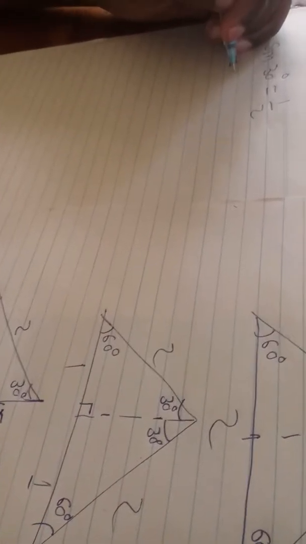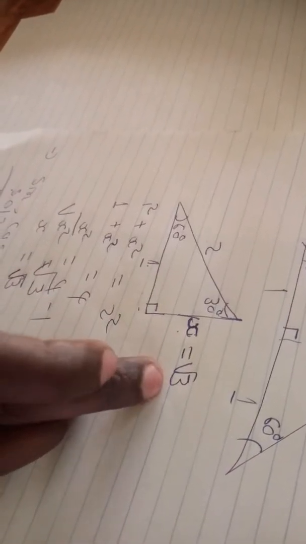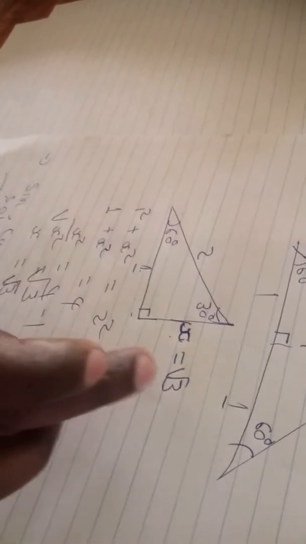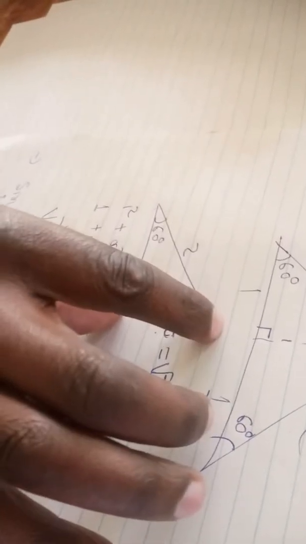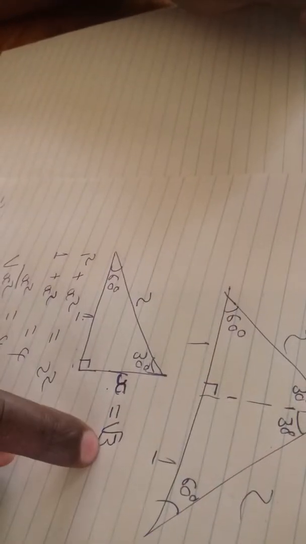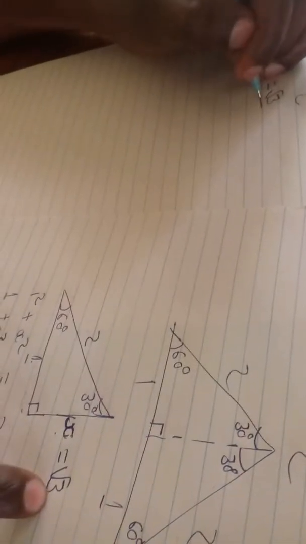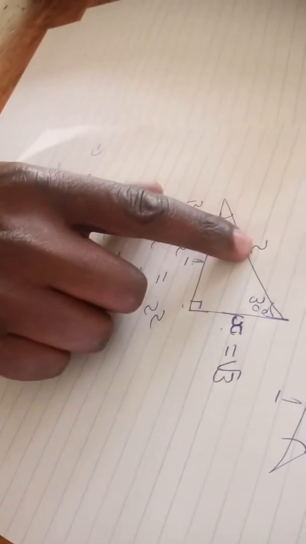Cosine of angle theta will be, by looking here, adjacent over hypotenuse. Now the adjacent side to angle theta is the square root of 3. The adjacent side is the side that is contributing to making that angle, but it is not the hypotenuse. So cosine equals the square root of 3 over 2.